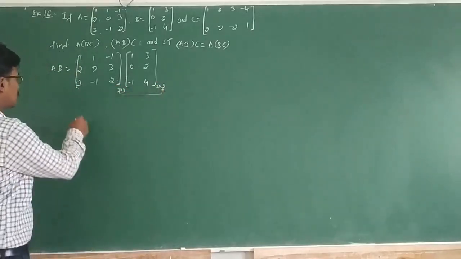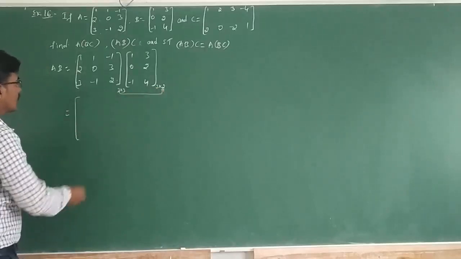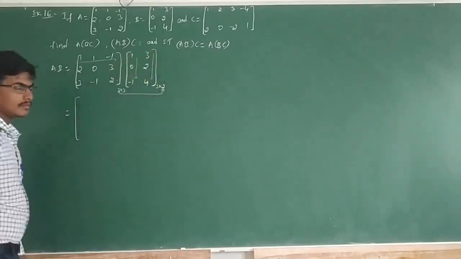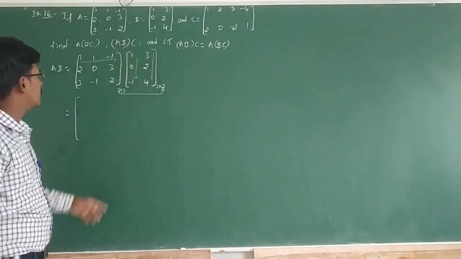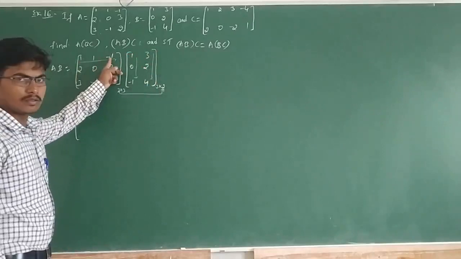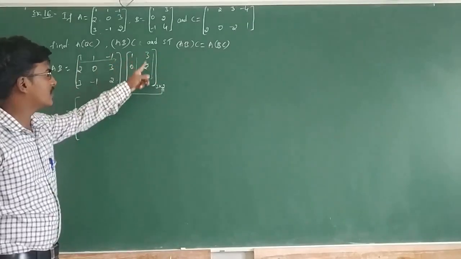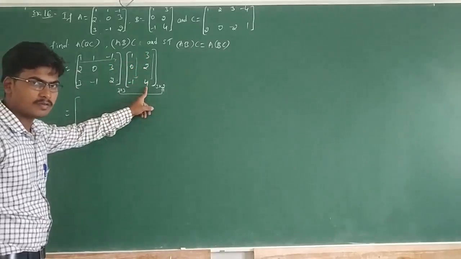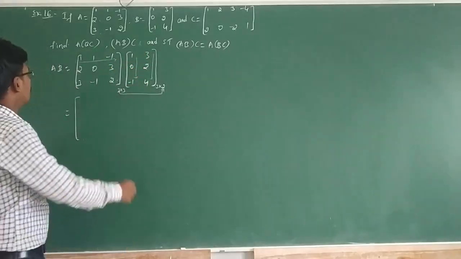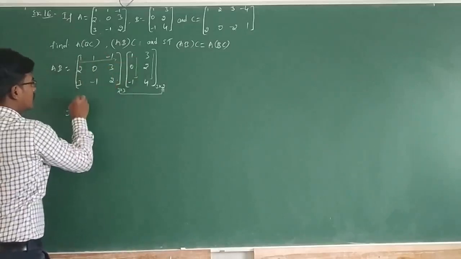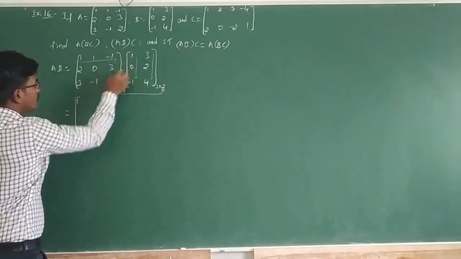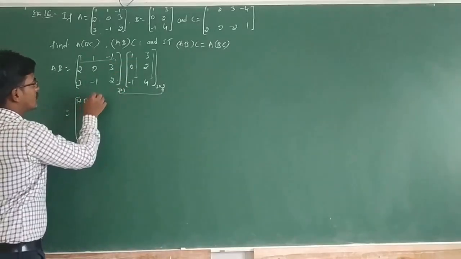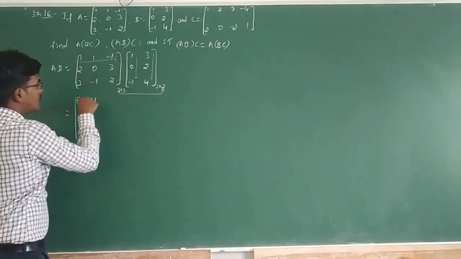Row multiplies into a column. Take the first row and multiply it with each column of the next matrix, adding the corresponding elements. 1 into 1 is 1, plus 1 into 0 is 0, plus minus 1 into minus 1 is plus 1.